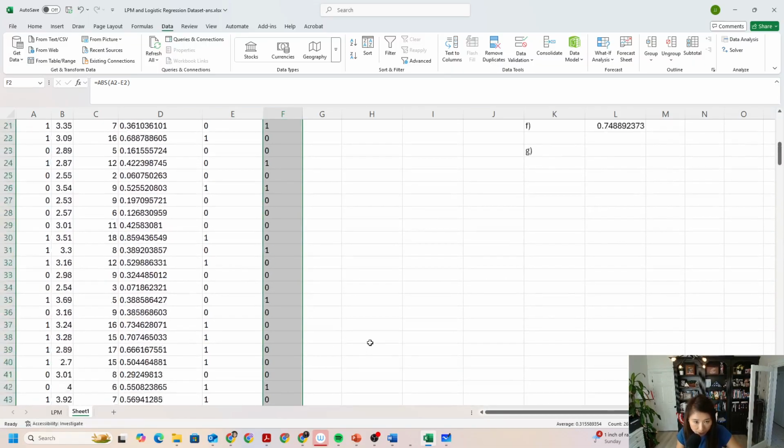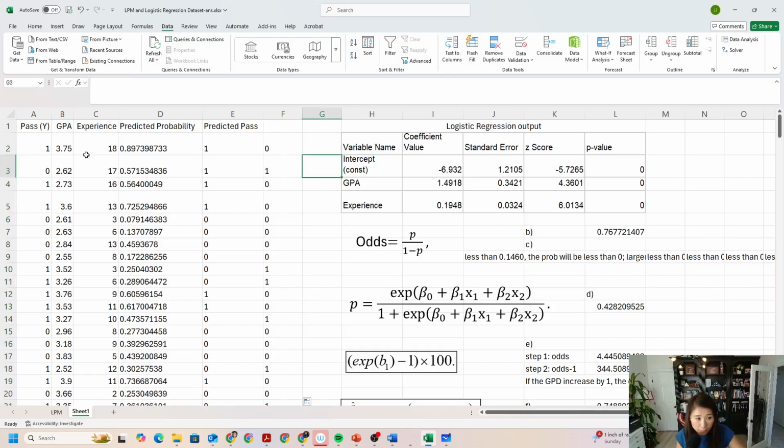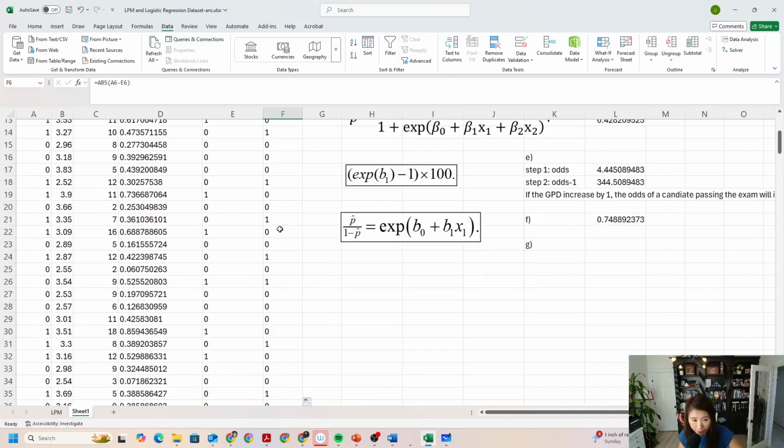Okay, here they go. So you will notice that for the prediction that is right, it always gives me 0. For the second one, as you can see, the pass is 0, the predicted pass is actually 1, so the difference gave me 1. So basically, every cell that gives me 1 means they did not predict accurately.